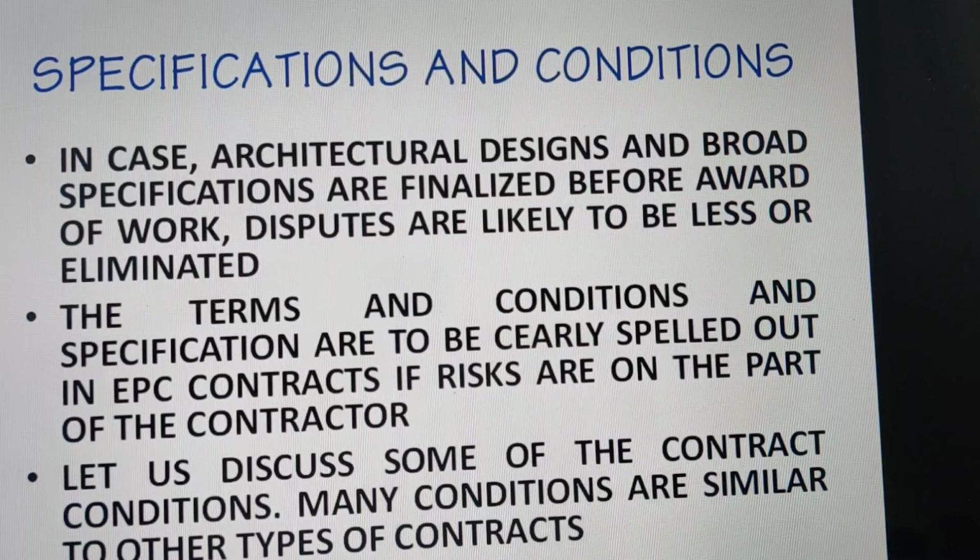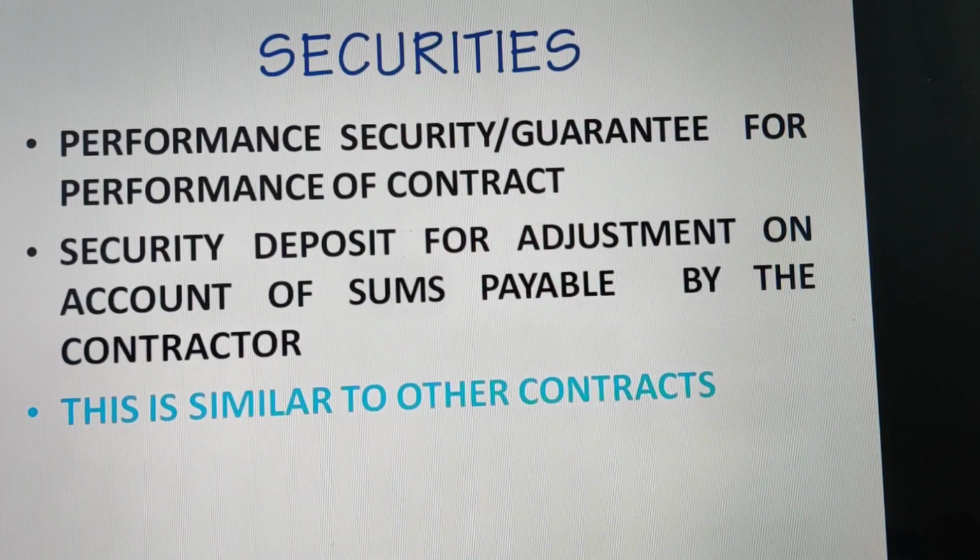Let us discuss some more about the contract conditions. Many conditions are similar to other types of contract, that is item rate or percentage rate contract. Still we can discuss some of the conditions. One is the securities. We know that there are two types of securities which are taken from the contractor.